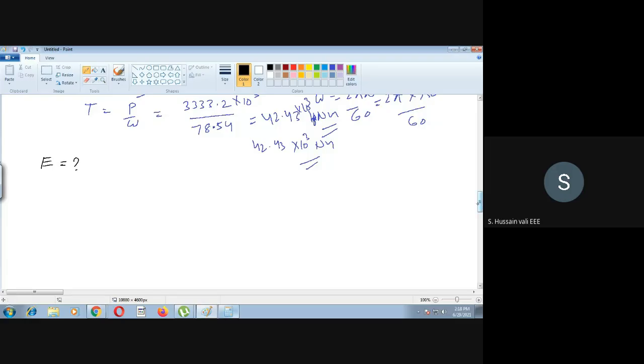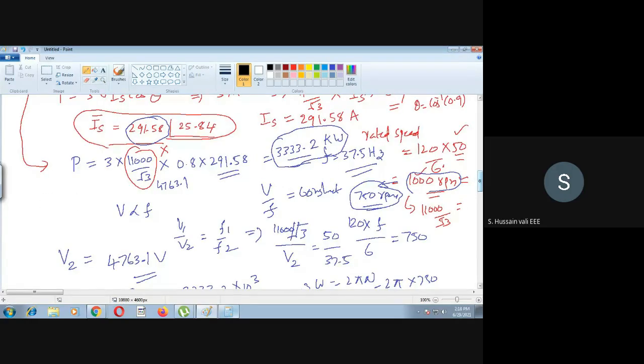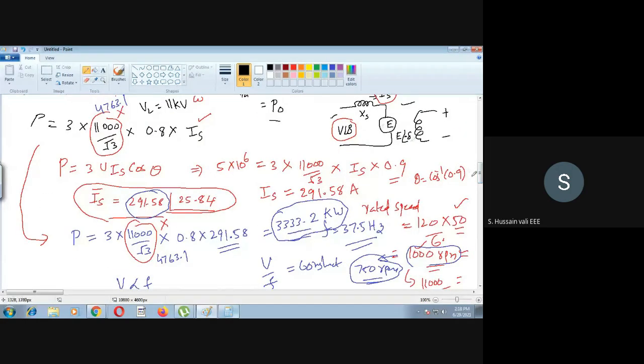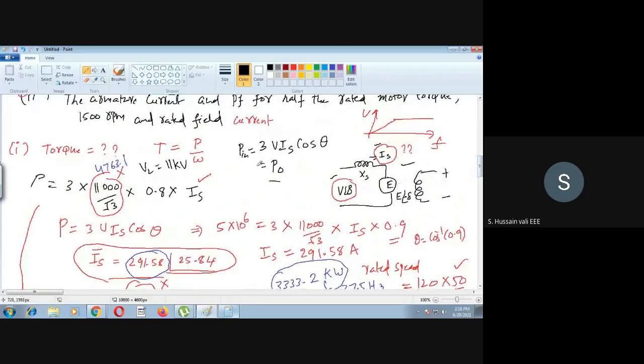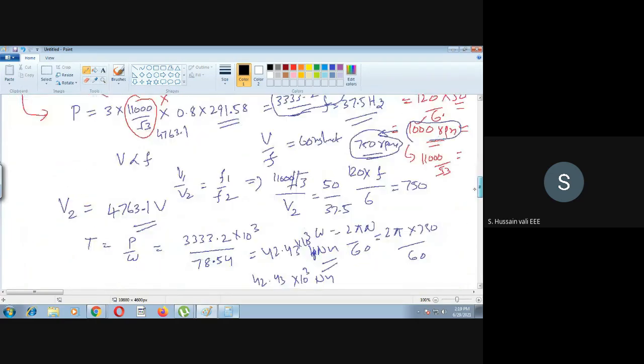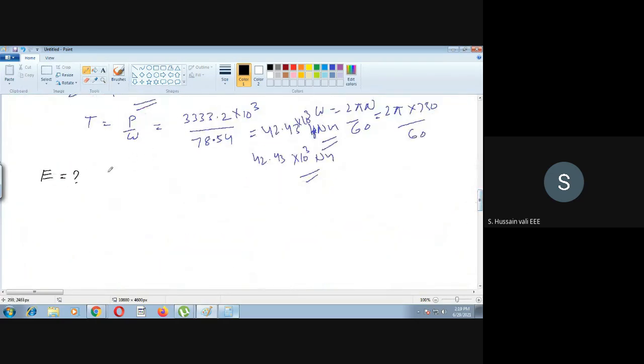Applying KVL in this circuit diagram, you see, we got some equation there. V is equal to E plus IS into XS. Then from this we can find out E equals V minus IS XS.